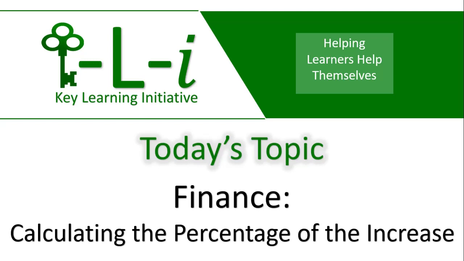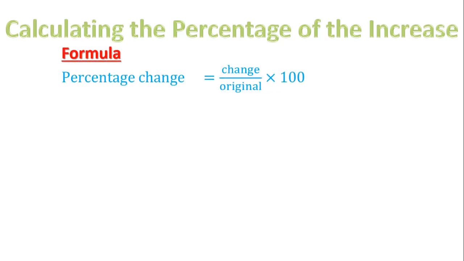But let's get going with today's topic. Calculating the percentage of the increase. Now there's a formula for doing this. Let's have a look. Our formula says percentage change is the change over the original times by 100.